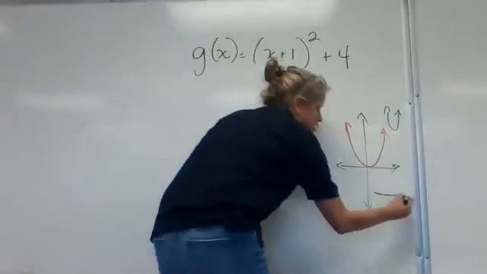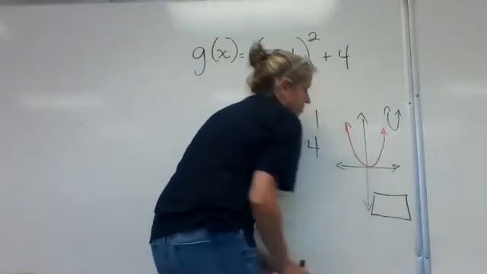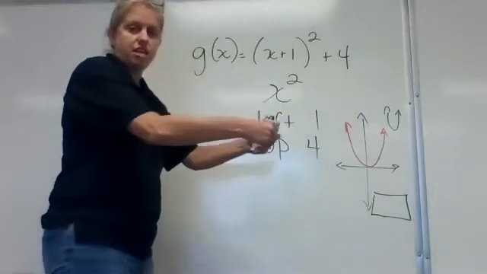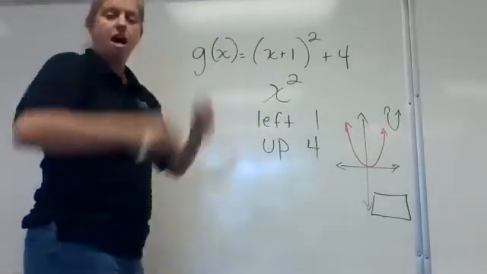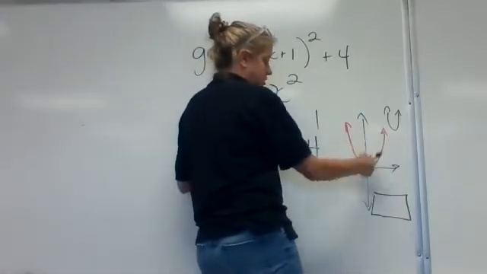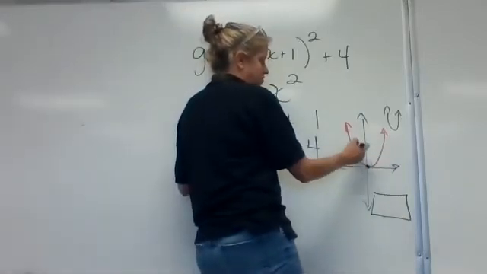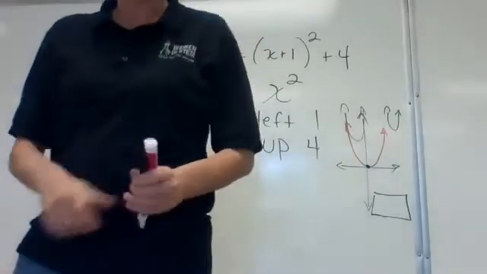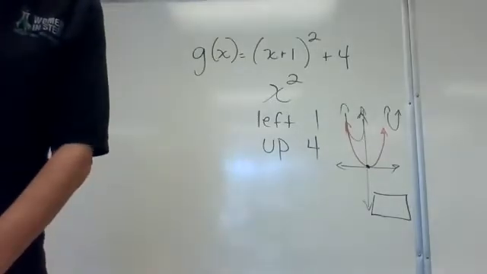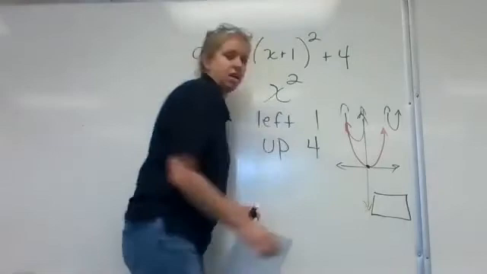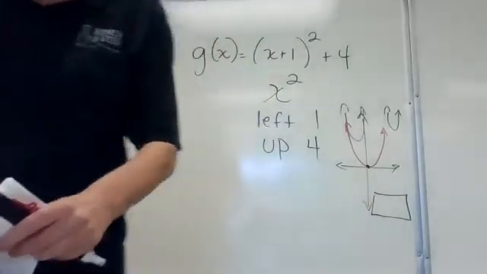And then it's going to give you the box down here where you tell it to do these two things. You want to shift it to the left 1 and up 4. And when you do that, it actually shifts this parabola's vertex to the left 1 and up 4 for you. Okay, it's not asking you to plot a bunch of points on that parabola. It's asking you to just do the shifting down here in that shifting box.